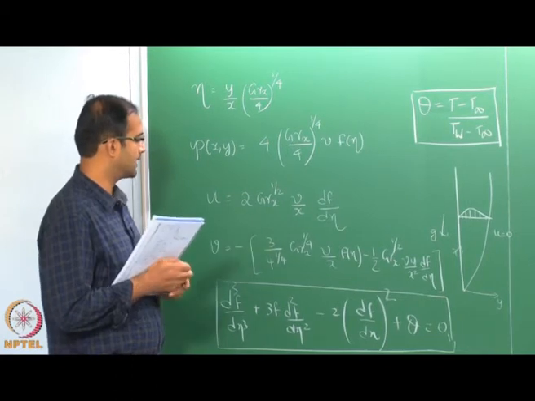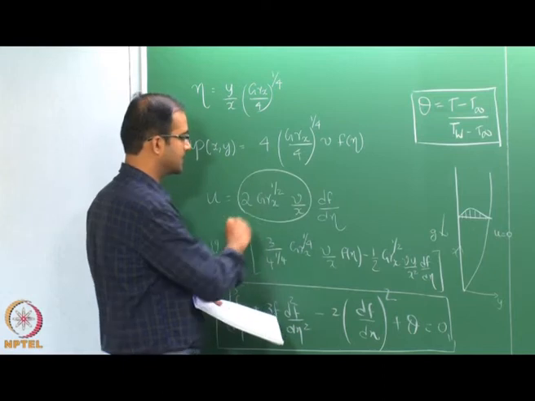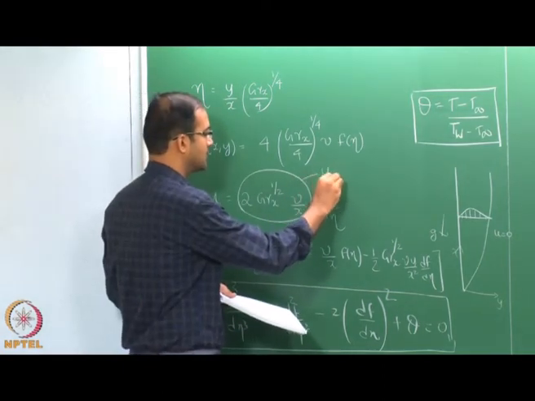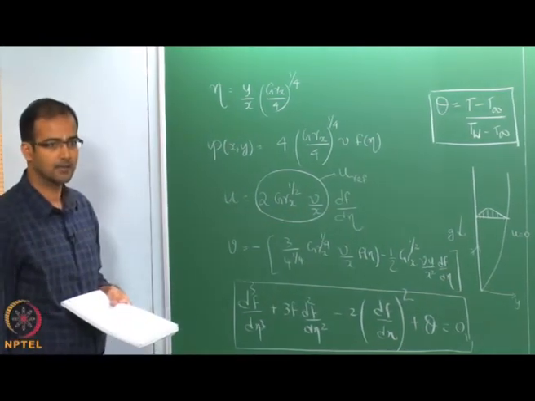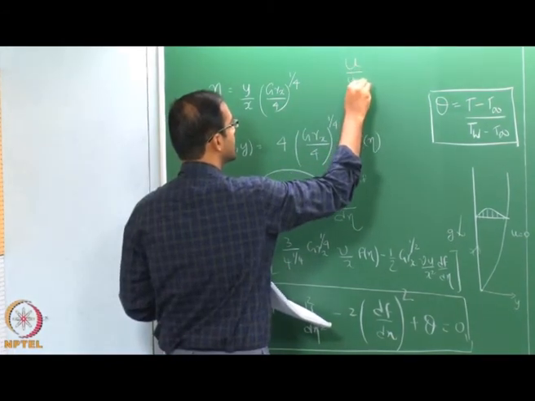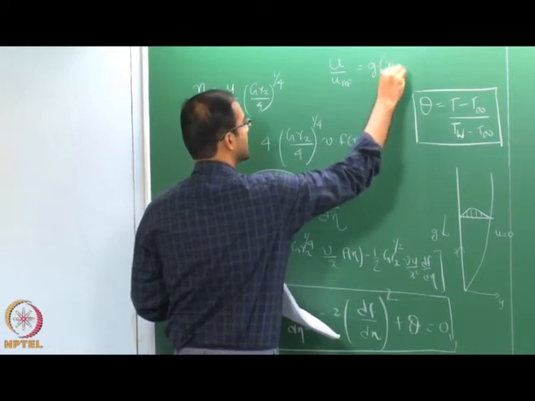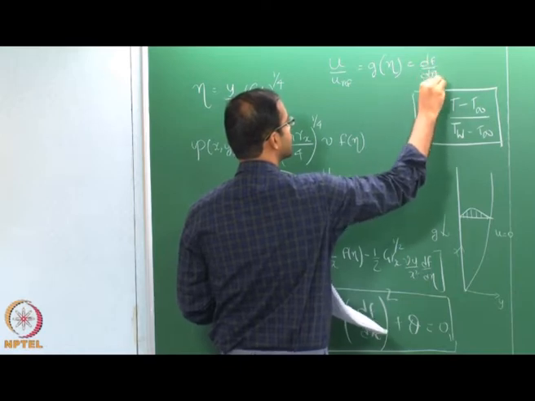So, now you should understand actually this entire component is your u reference, correct. So, this is the starting point. We assume u by u reference is actually a function of eta, which is nothing but df by d eta.